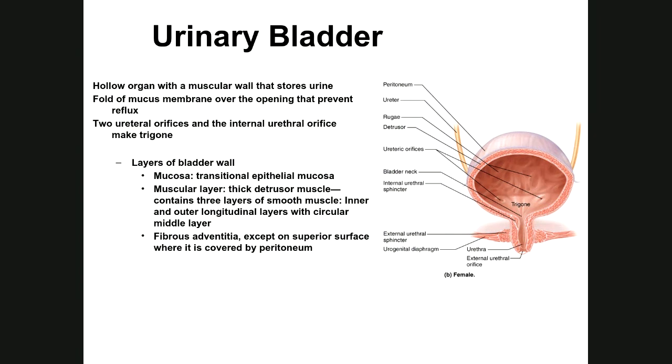In the muscular layer, we have the mucosa, which is transitional epithelium. And the muscular layer is the detrusor muscle, which contains three layers of smooth muscle, inner and outer longitudinal, with some middle layer.